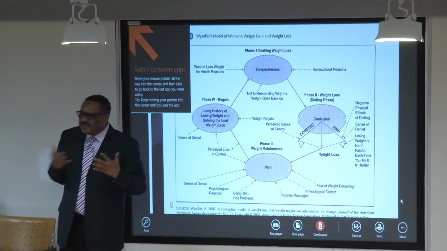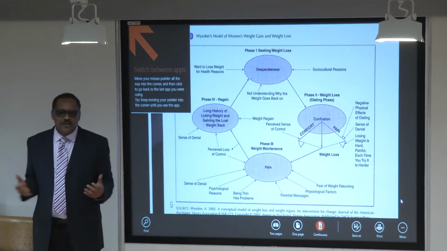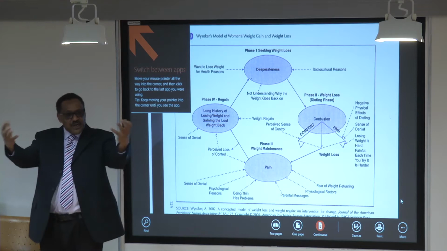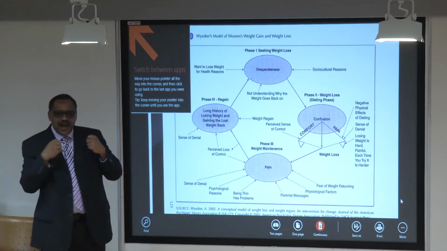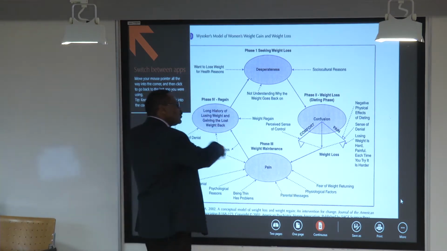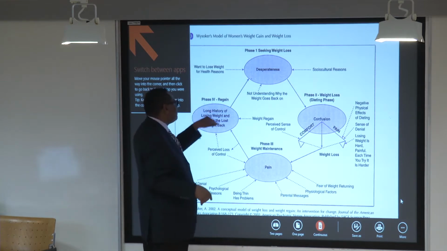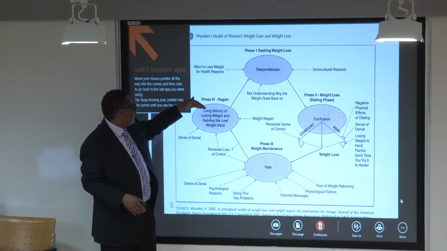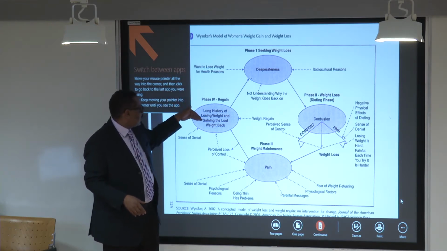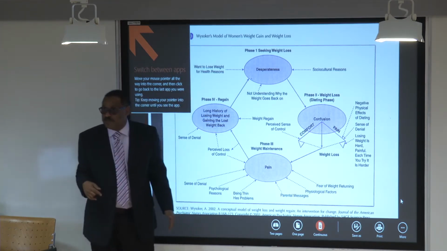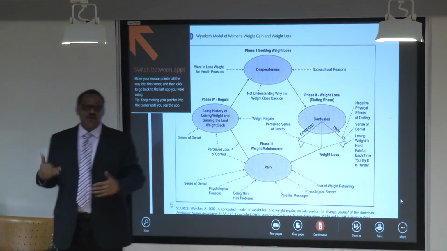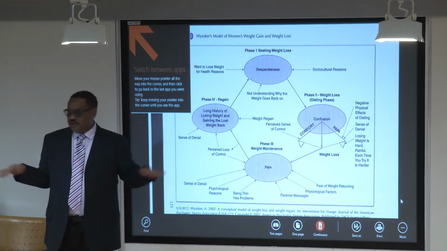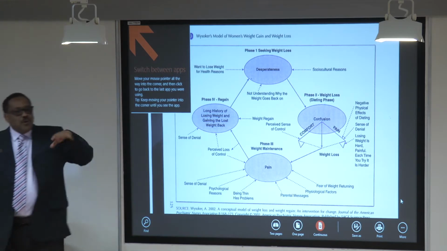All those things intermingle in your mind. When I interview people, I'm going to map all these things in terms of phases. So this is a long history of losing weight and gaining the lost weight back. If I am okay, all my efforts will be crushed.